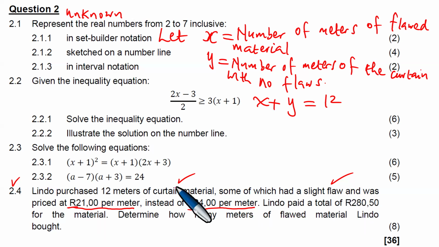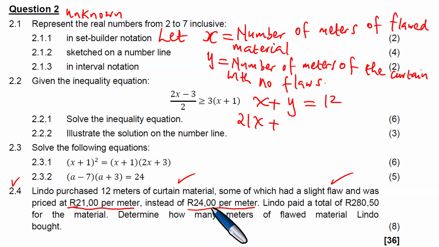Now, some of which had a slight flaw and was priced at 21 Rand per meter. The damaged one, the one that had a flaw, was sold at 21 Rand a meter. So now X has flaws, so it's 21X plus Y, instead of 24 Rand per meter.